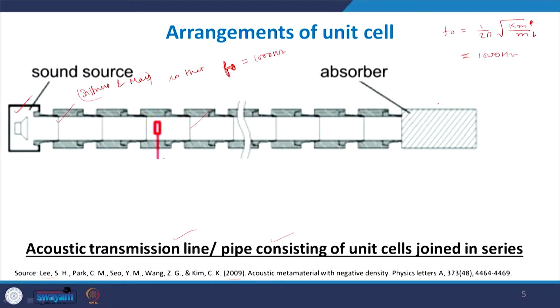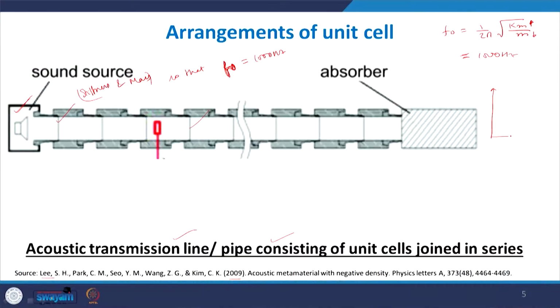And then at the other end we have a porous absorber, and we already studied what is the feature of a porous absorber. This is the typical kind of an alpha versus frequency plot.